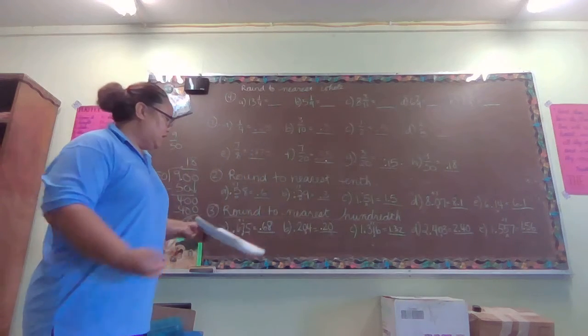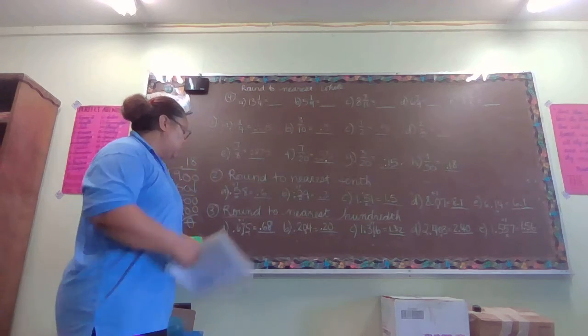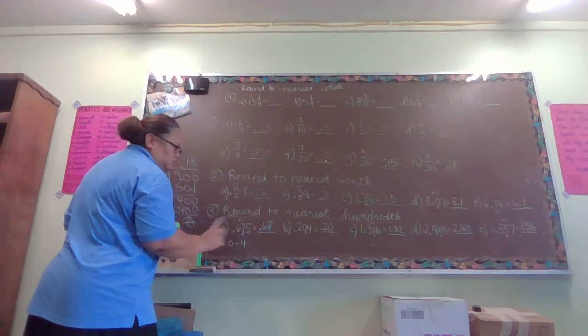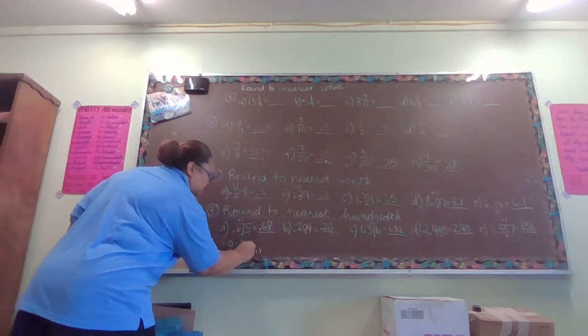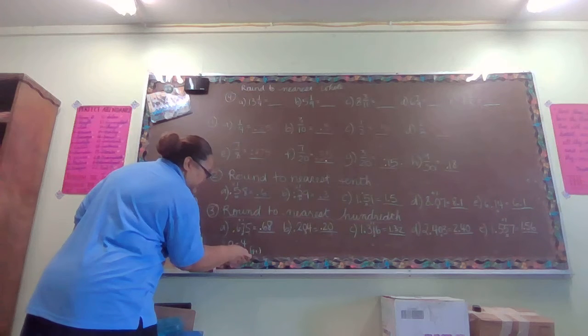So, again, you have to have only 2 decimal places because we're rounding to the nearest hundredth. Don't forget, if it's 0 to 4, do nothing. 5 to 9, add 1.